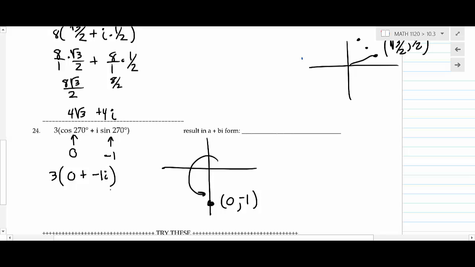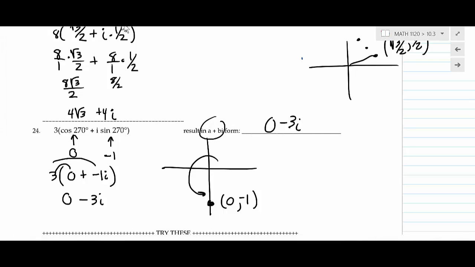And you do want to have that 0 in there, by the way. That's a standard thing. I want you to do the a plus bi form, so I want to see a and I want to see b. So if you distribute, 3 times 0 is 0. 3 times -1 is -3i. So the answer to that problem is going to be 0 minus 3i, like that.